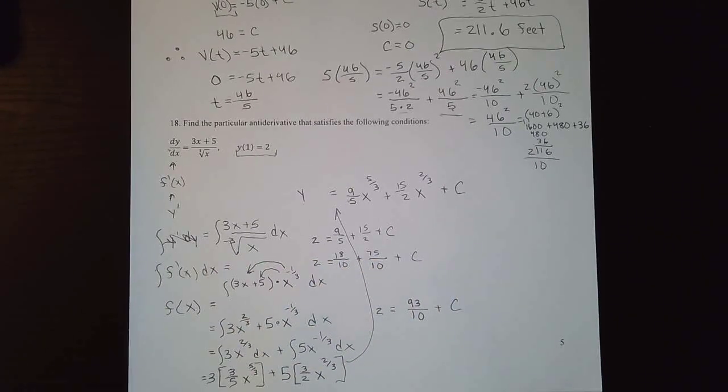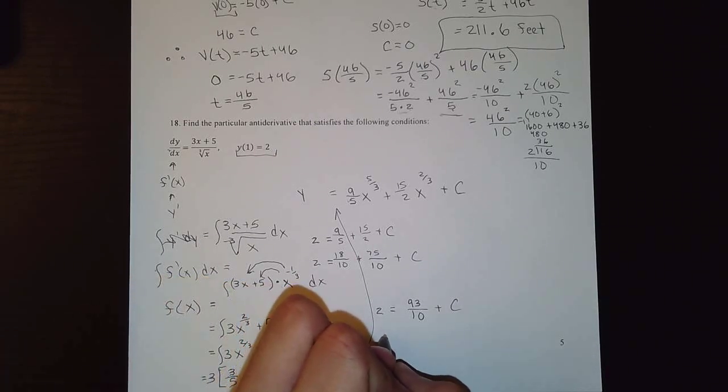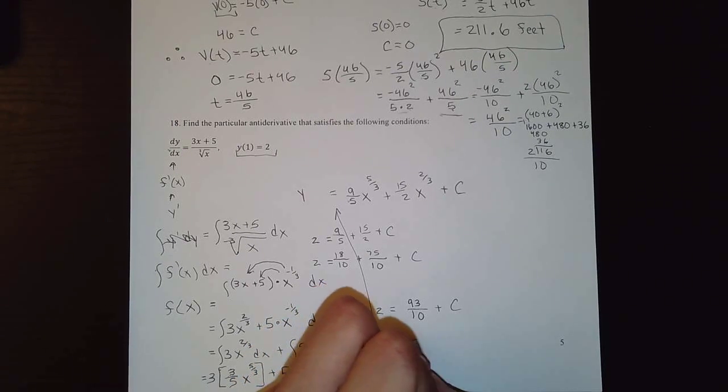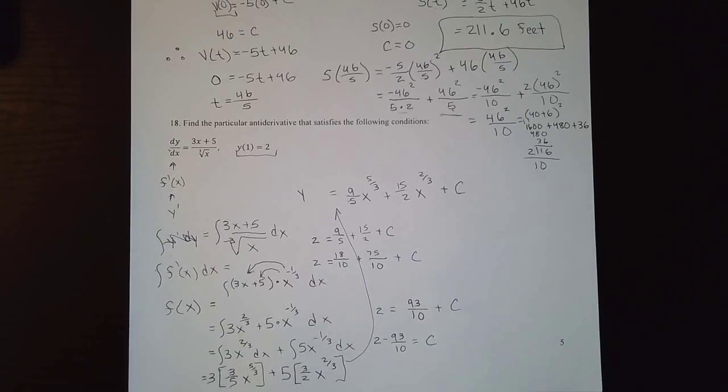And now I would just have to subtract both sides by 93 over 10. So 2 minus 93 over 10 is equal to c. Well, now I need another common denominator. So I know that 20 over 10 is the same as 2. So I'll use that and then subtract 93 from 20.